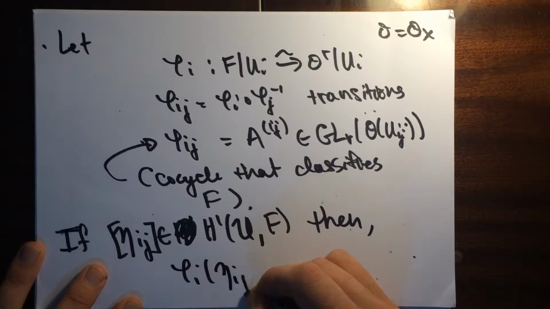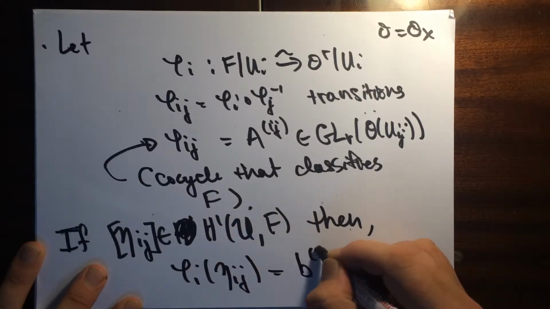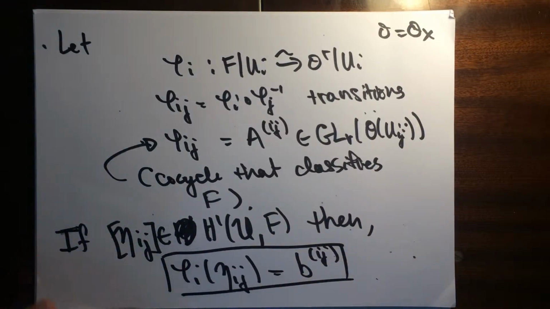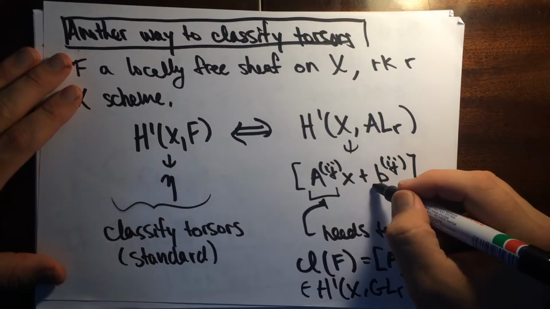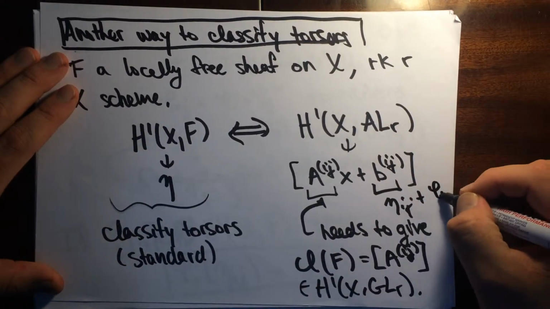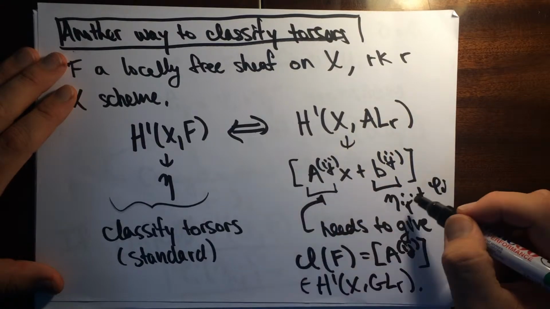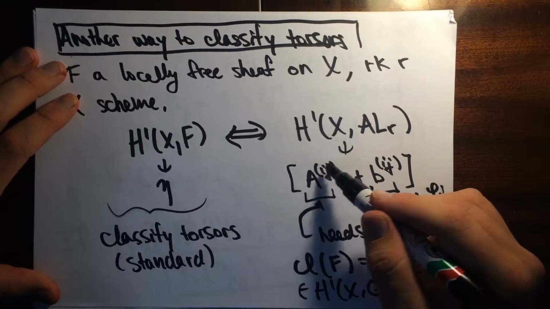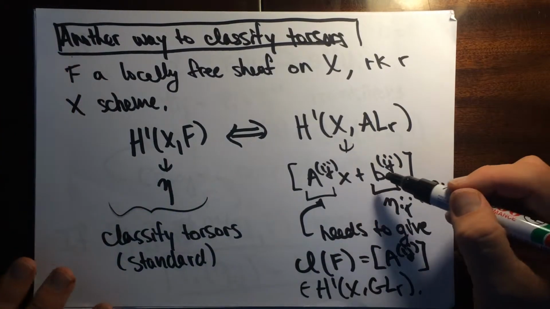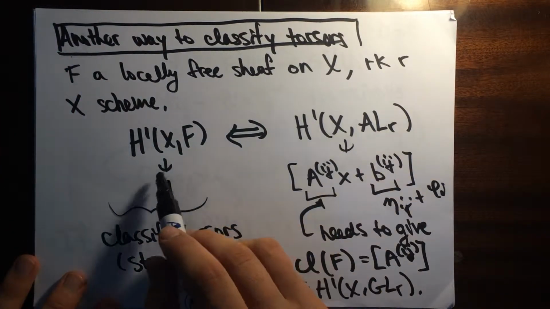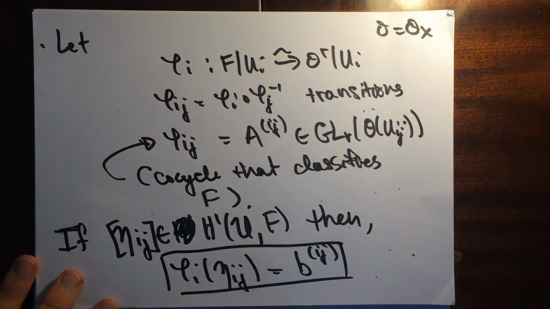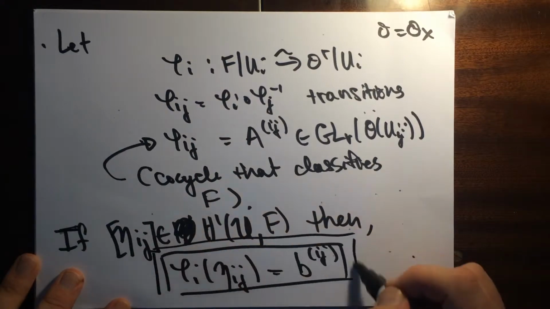Phi of eta ij is equal to bij. And so this bij comes from these eta ij's plus the transitions. Not literally plus, but this thing here is the transition maps for the vector bundle, and this thing here is the part that comes from these eta ij's. So this is my claim, that this relates the two concepts.